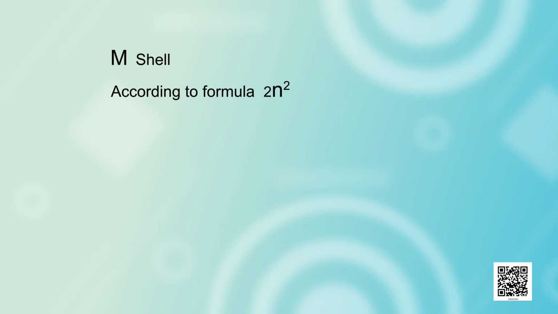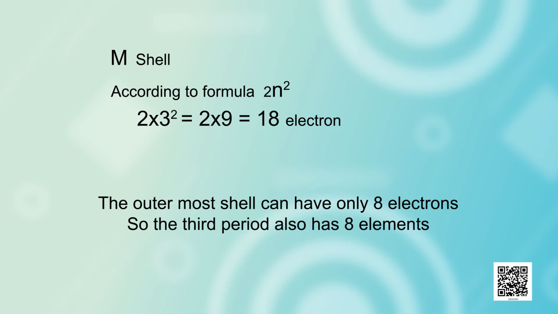If we apply the formula 2n squared, it is 2 into 3 squared, which is 2 into 9, that is 18. But the outermost shell can have only 8 electrons. So the third period also has only 8 elements. The position of an element in the periodic table tells us about its chemical reactivity.